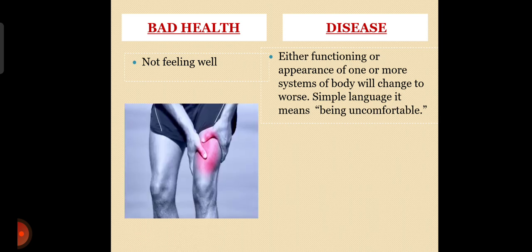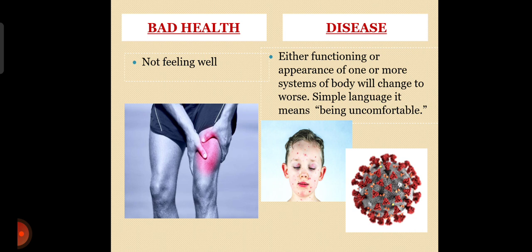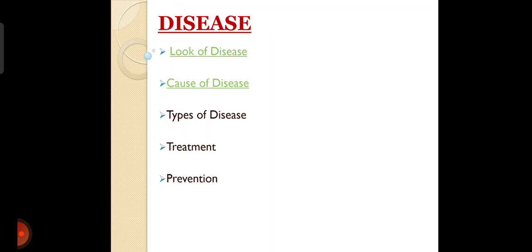For example, if we have a pain in the thighs, it represents bad health. But if we have measles or the coronavirus, then it becomes a disease. I hope you are clear with the difference between bad health and a disease.